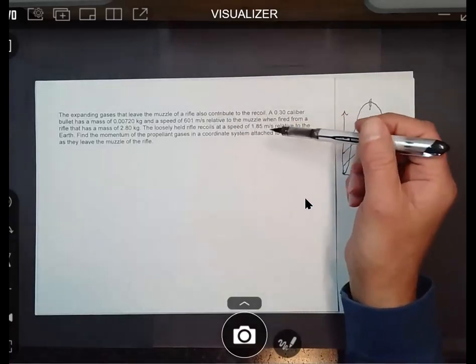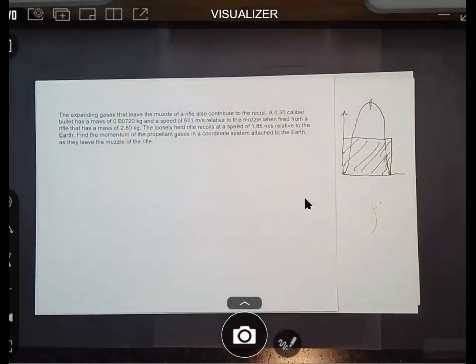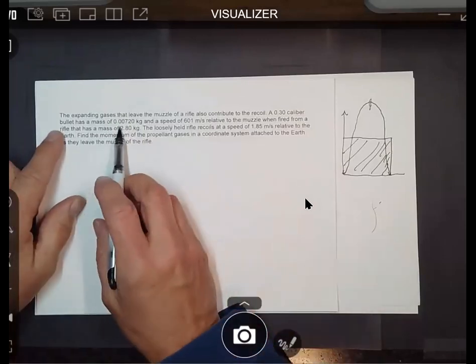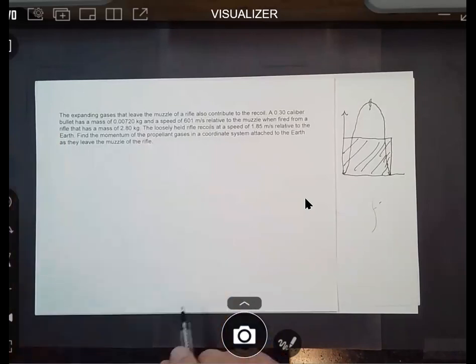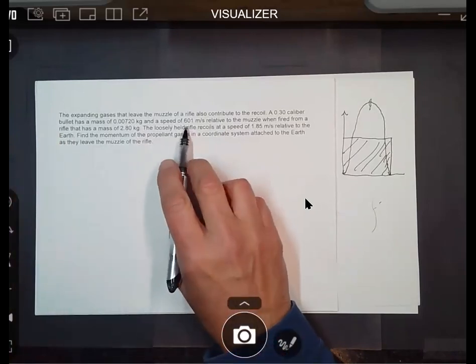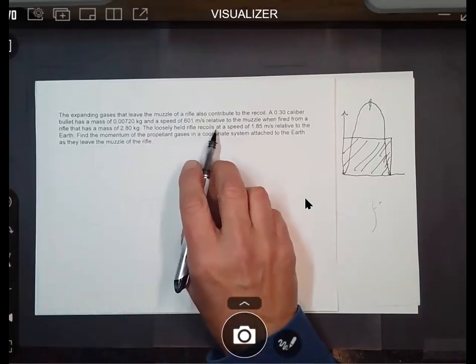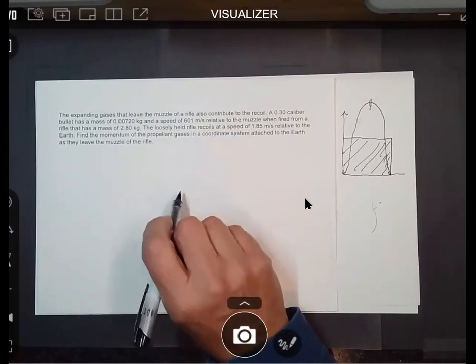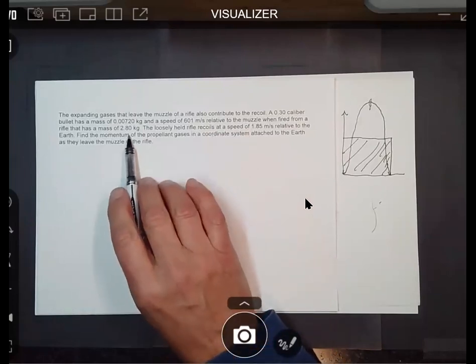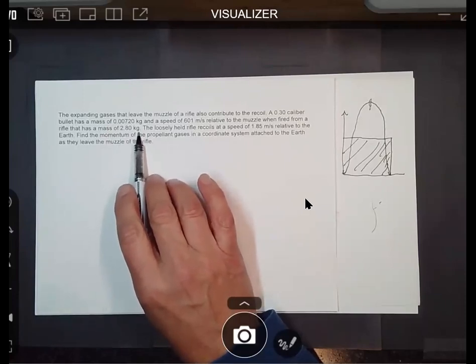Expanding gases that leave the muzzle of a rifle also contribute to the recoil. The 30 caliber bullet has a mass of 0.00720 kilograms and a speed of 601 meters per second relative to the muzzle when fired from a rifle that has a mass, this is a less massive rifle, 2.80 kilograms.